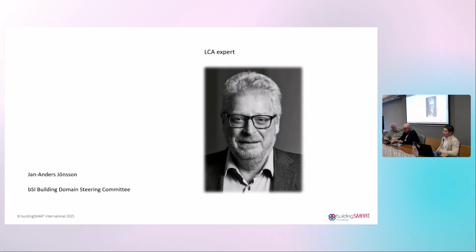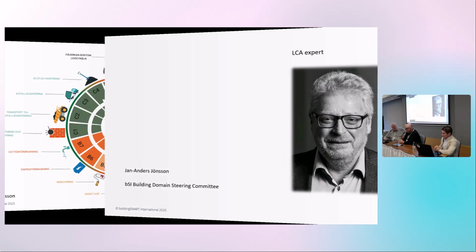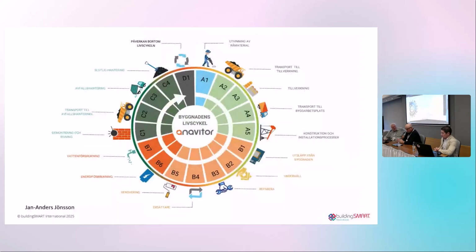Jan Anders starts with the requirements that he wanted to have in the area of LCA, life cycle assessment. Yeah, the IDS part for the LCA will show us if we have enough information that is required in the LCA calculation. It's the emission data or the identification data of the articles that we knew.